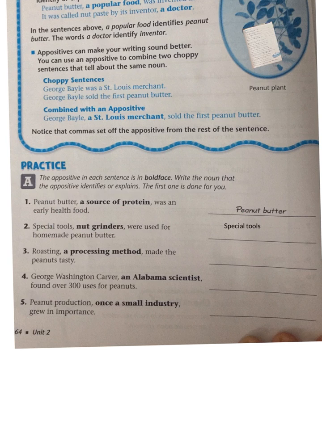And so on that part, you're just going to write roasting as your answer. Next, George Washington Carver, an Alabama scientist, found over 300 uses for peanuts. So once again, you have George Washington Carver is described by the Alabama scientist.